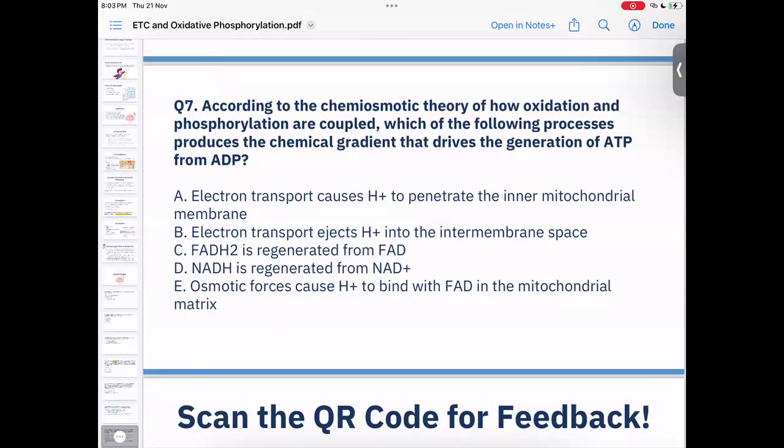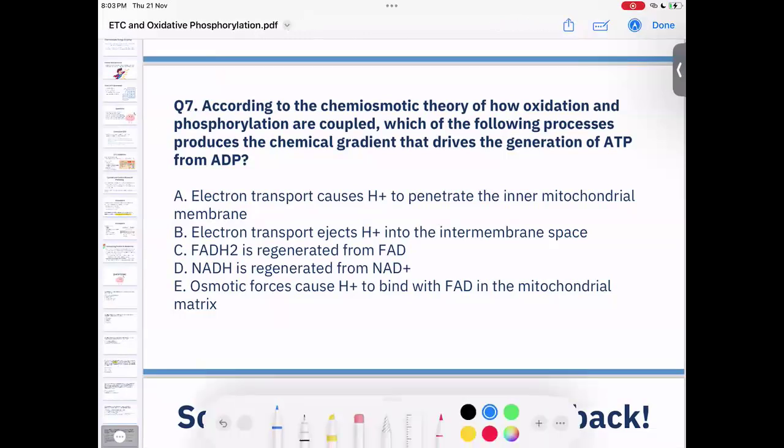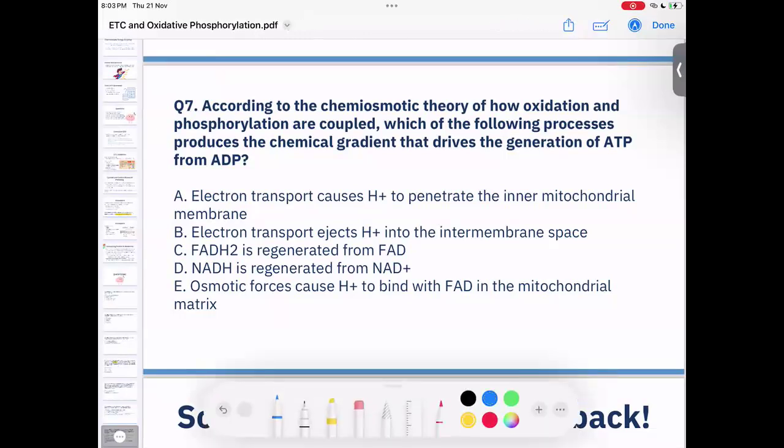Would you guys like me to explain this question? Okay. So in question 7, they're telling you to explain how oxidation and phosphorylation are coupled. Exactly. So they're asking us basically about the chemical gradient that produces ATP.